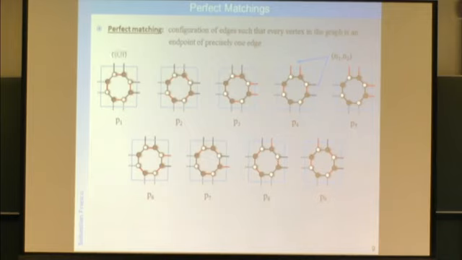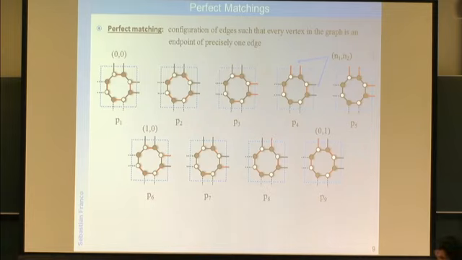So, for example, this one doesn't have any crossing, so I would say it's (0, 0). This one has 1 crossing in the horizontal direction coming from the white, so it's (1, 0). And this one has 1 crossing in the vertical direction coming from white, so it's (0, 1). You can do a similar exercise for all of them. So all of these naturally fit into some 2D lattice.